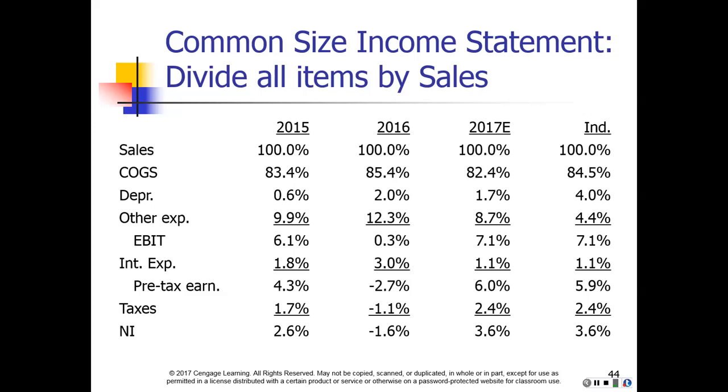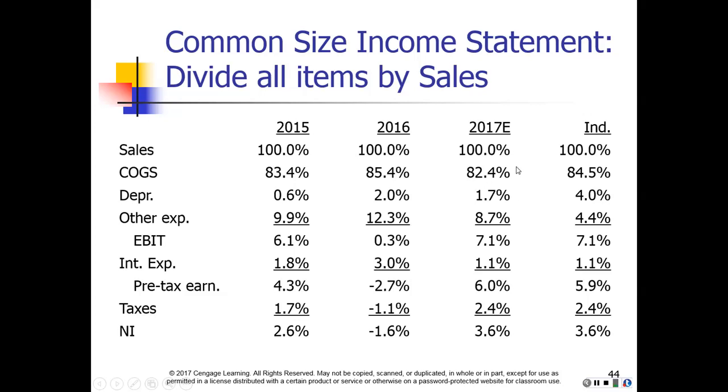Now we move from the balance sheet to the income statement. In the common-size income statement, the largest item is the top line, which is sales, so we make everything proportional to sales.